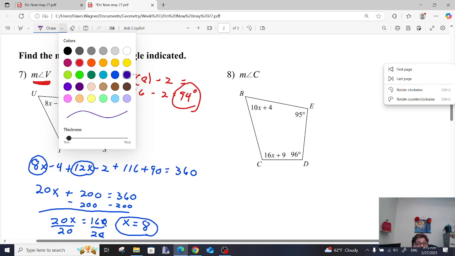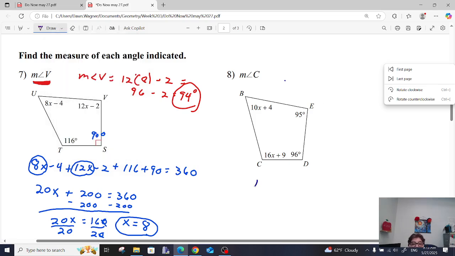Okay, so then over here, I'm going to do the same thing. I have 10x plus 4 plus 16x plus 9 plus 96 plus 95. Boy, that's an awful lot. Has to equal 360. You need to combine your like terms first.